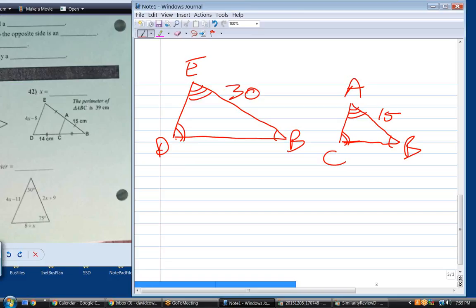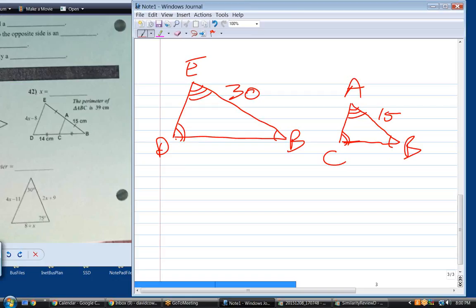Yeah. In other words, that's the corresponding side of this. So whatever this ratio is, the same ratio has to exist between this side and this side, or this side and this side. That's the thing about similar triangles, is the ratios of their corresponding sides are the same.